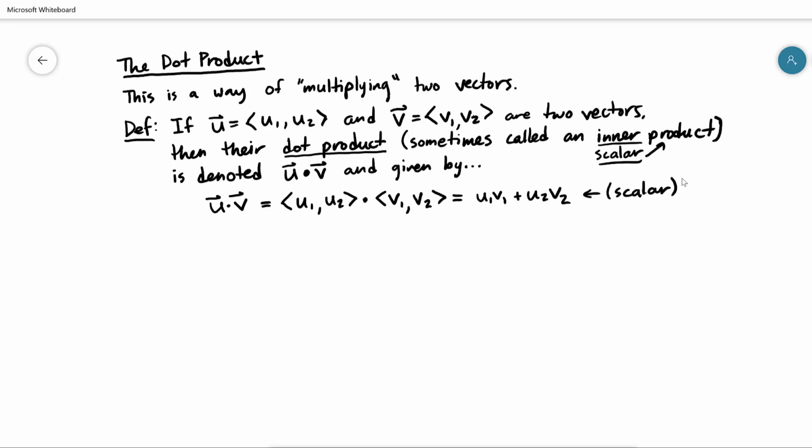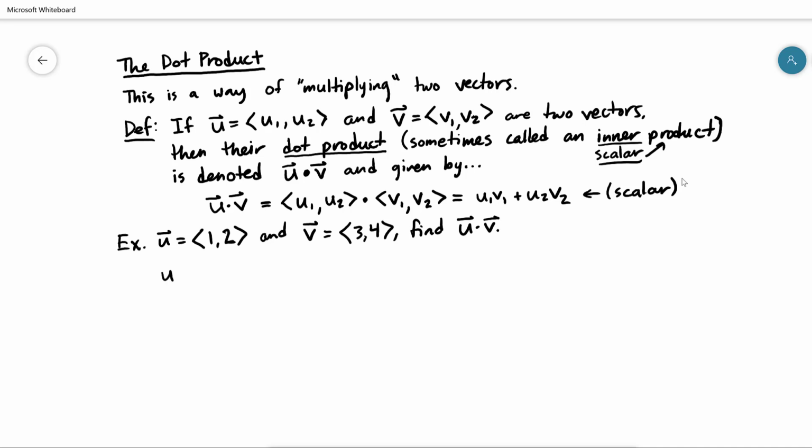So let's do just a quick example to see how this works. Here's u, the vector 1, 2, and v is the vector 3, 4. I want us to find u dot v.